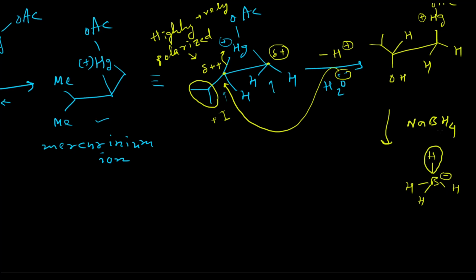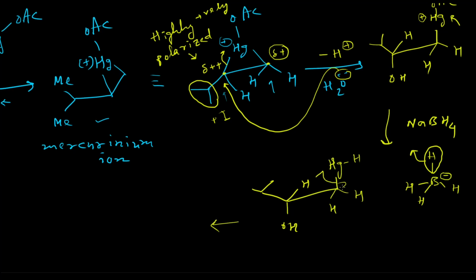So here it will deliver this hydride anion to the mercury center, and after that this intermediate will form. The acetate will be replaced by the hydride ion, and there will be a homolytic cleavage of this carbon-mercury bond.